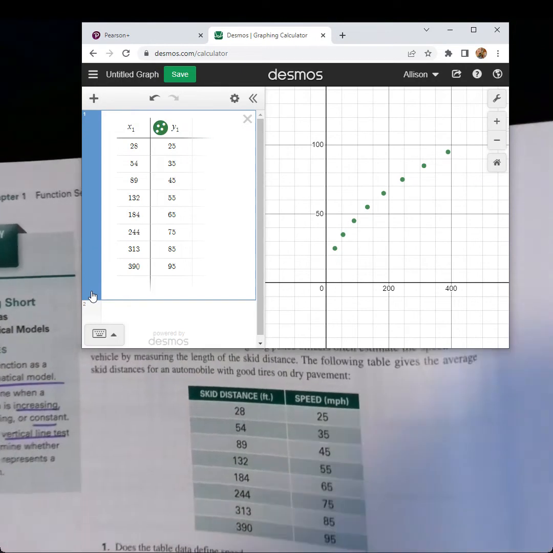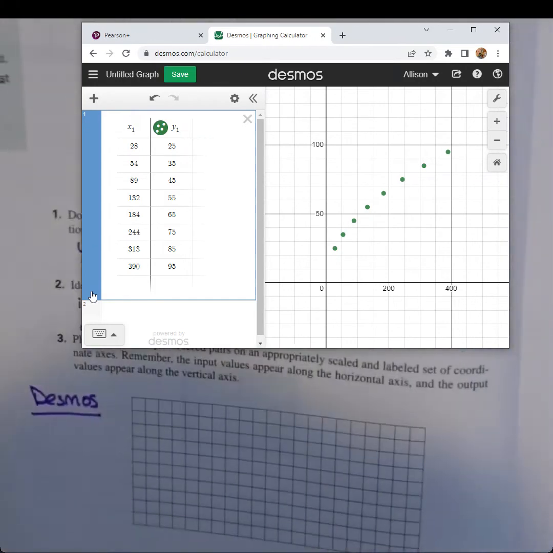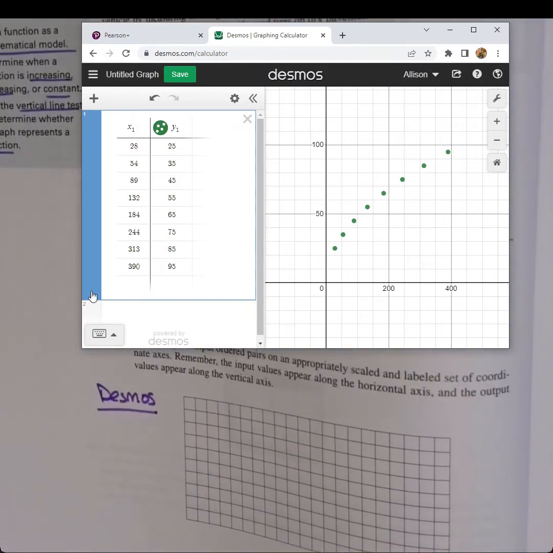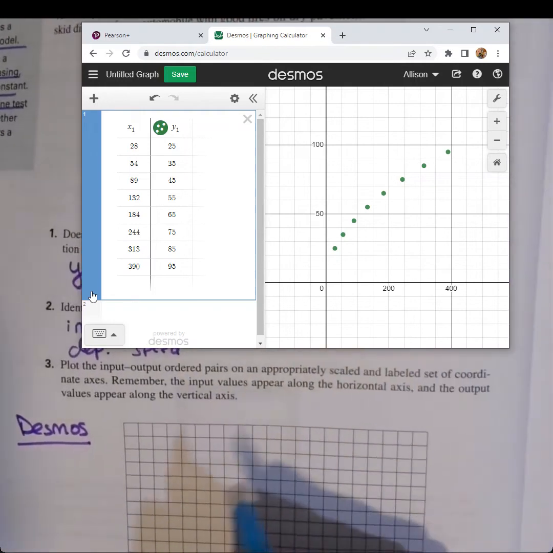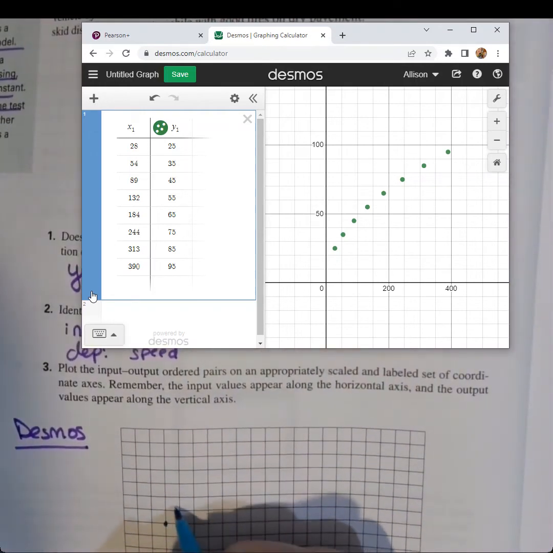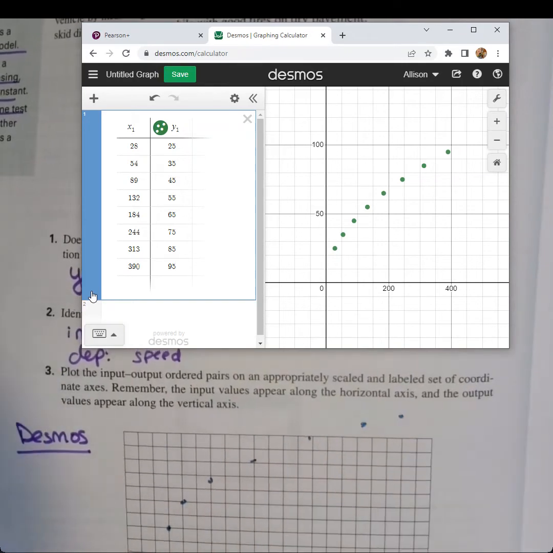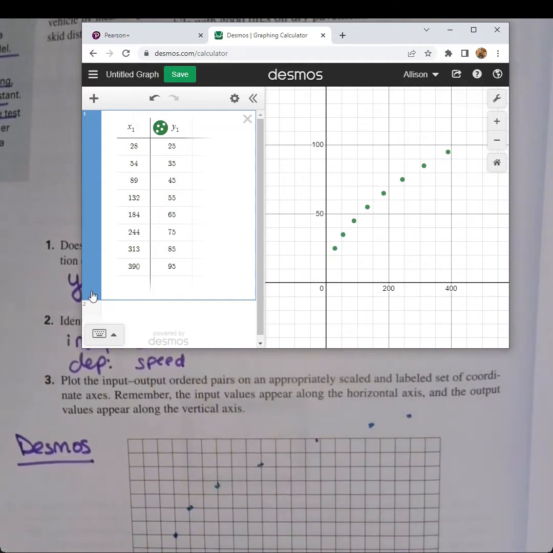All right, so I'm going to make a quick sketch of what I observe. So it's kind of got a curvy shape. So when I drop my dots in, it's not quite straight. So I'm going to plot them like that. All right, so it's kind of like that curving shape going up a little bit.